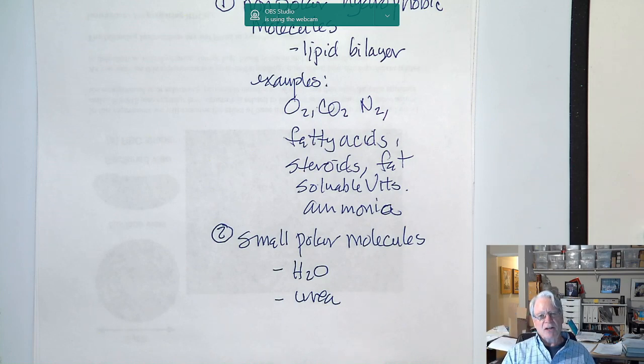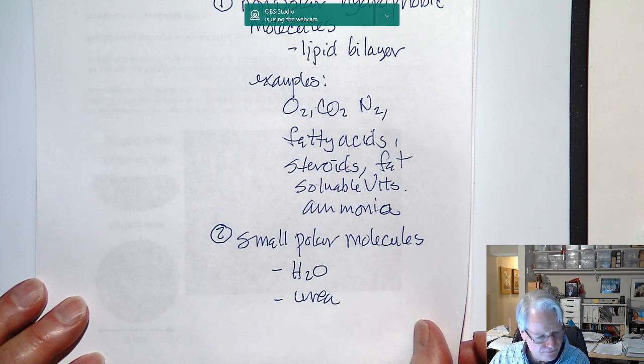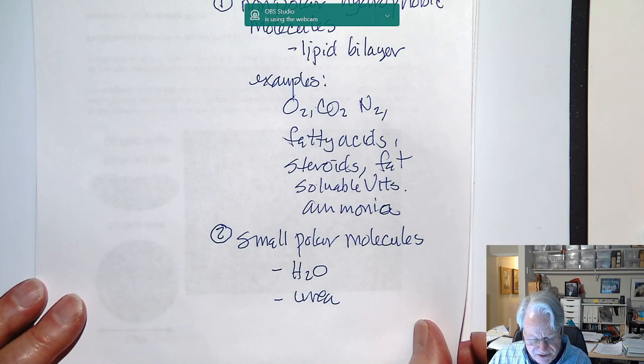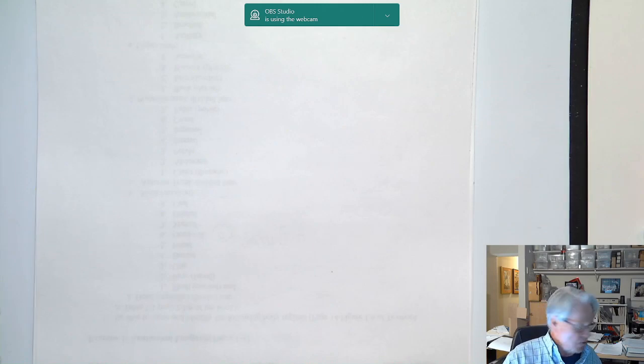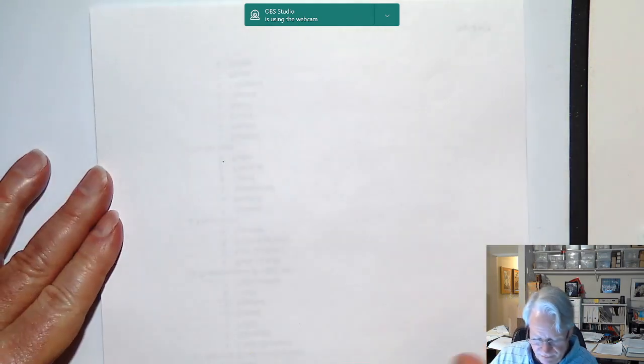So the small polar molecules can also cross the membrane through this mechanism of simple diffusion. So that's simple diffusion. Let's look at facilitated diffusion. And of course, we have that in two different forms.